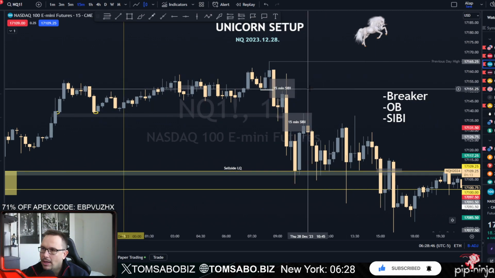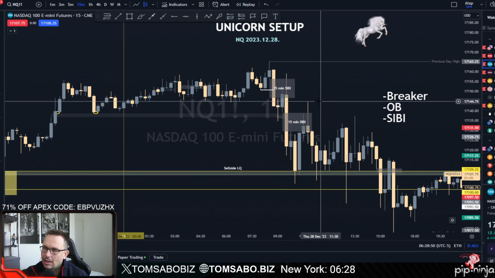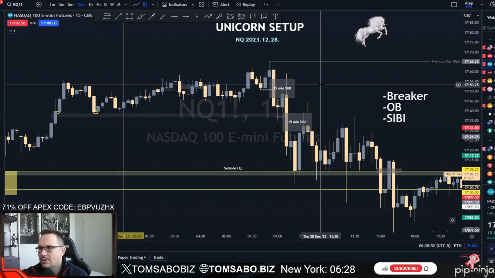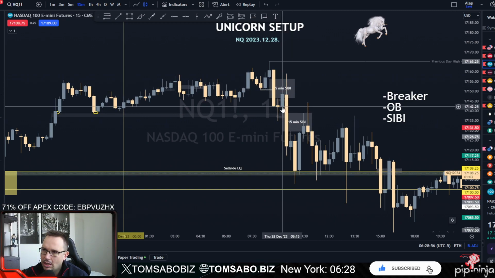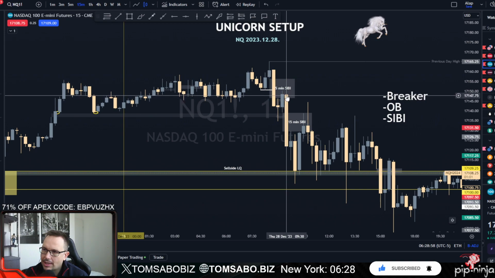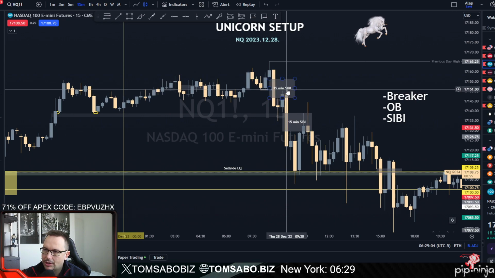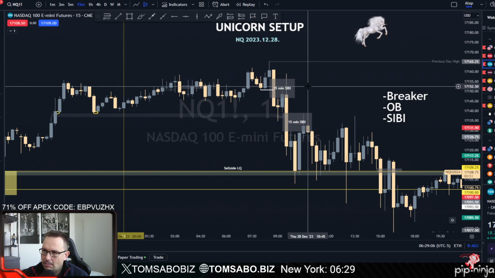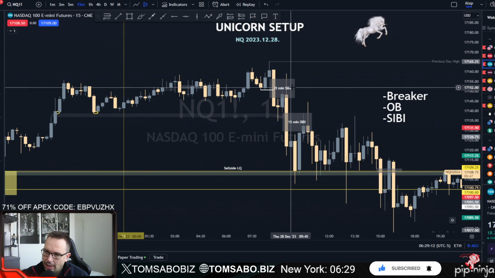All right, and as you can see, this was a little bit risky. I wouldn't say all that much risky, but this spike from this candle actually happened right at market open at 9:30 a.m. New York time. But if you wanted to take this with a nice risk to reward, this was the optimal entry to go short.